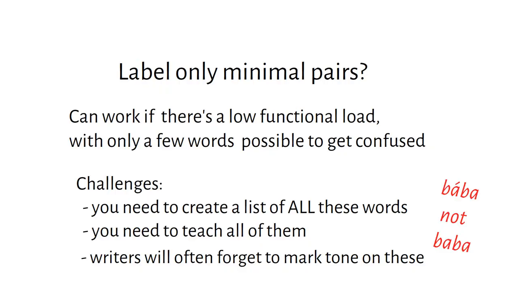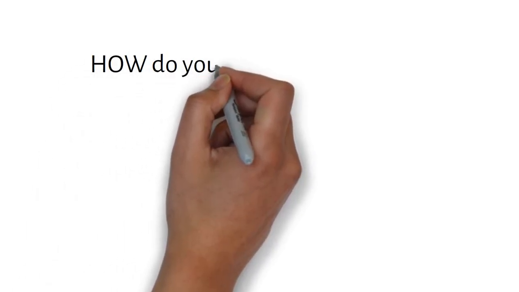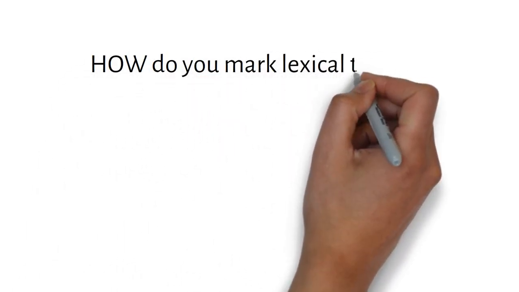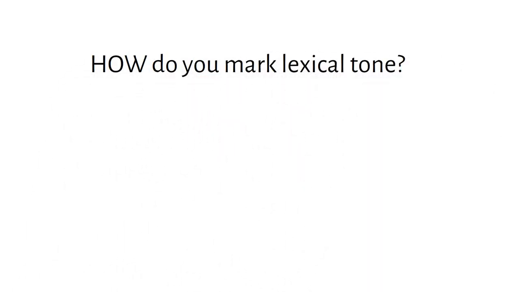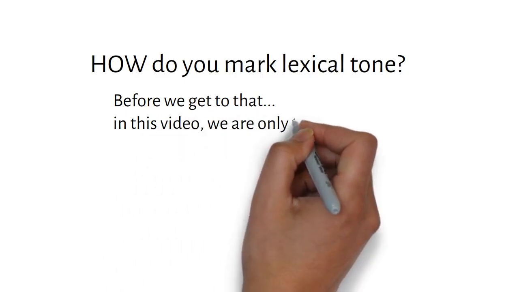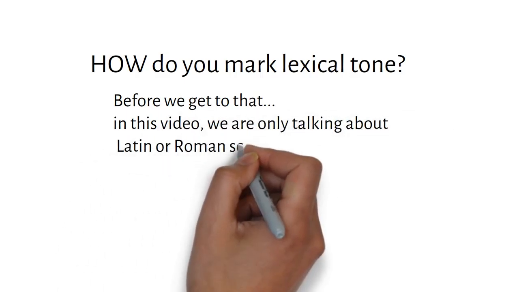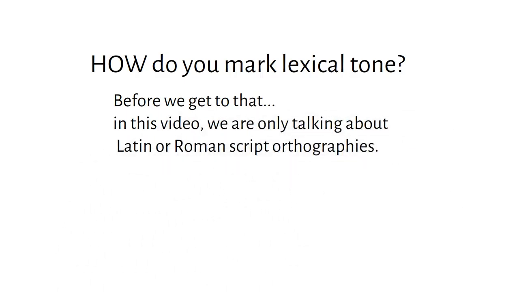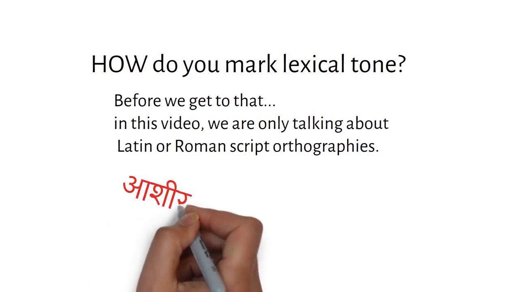Okay, we've talked about when to mark tone, but how do you mark tone? What symbols can you use to mark lexical tone? First, I should say that in this video, we are only talking about Latin or Roman script orthographies.